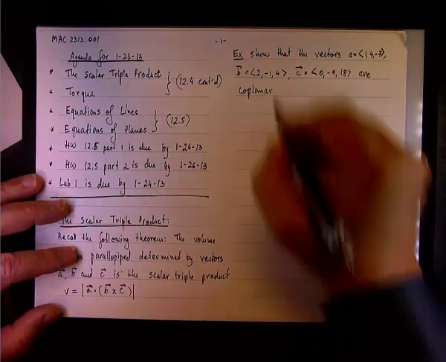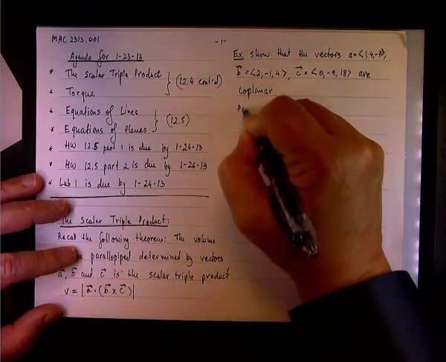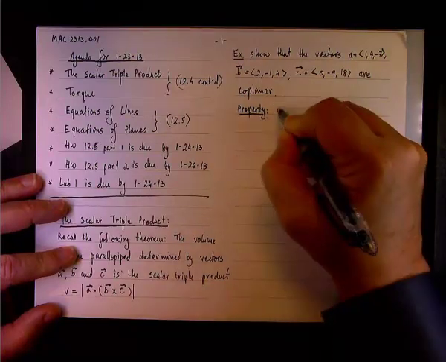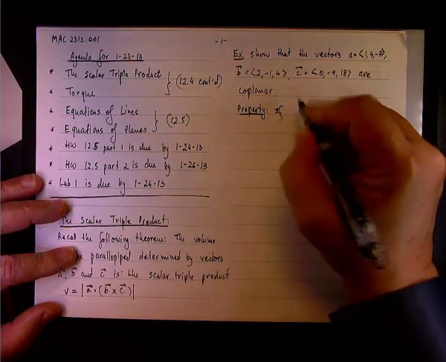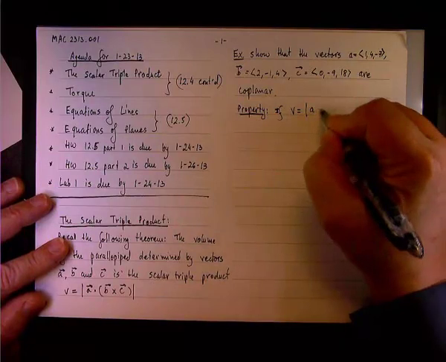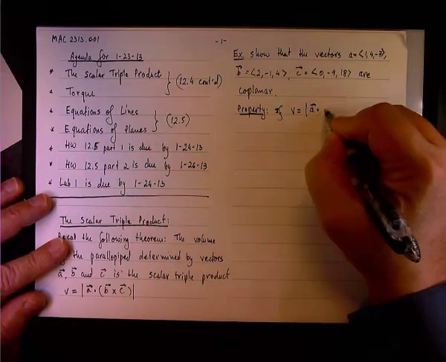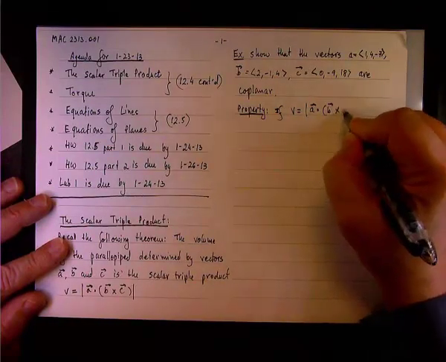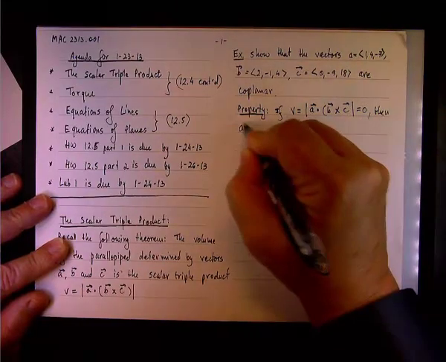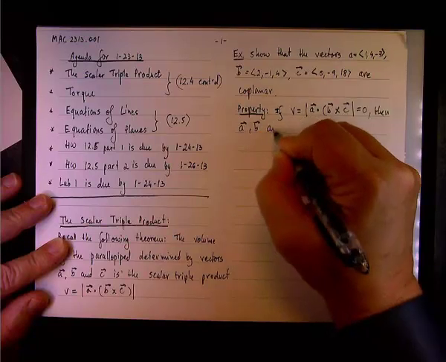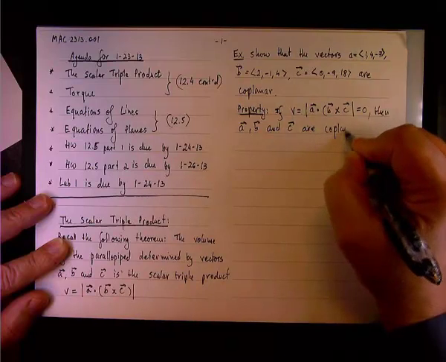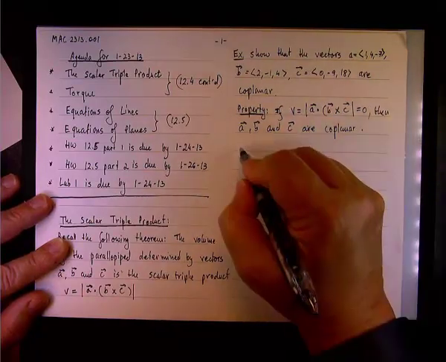So this leads us to the following property. If V equals the absolute value of A dot the quantity B cross C, if this is 0, then the vectors A, B, and C are coplanar.